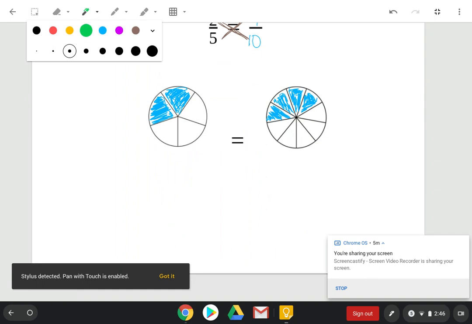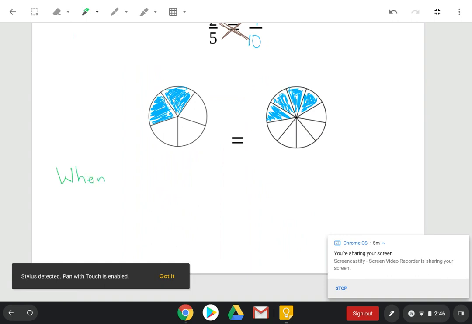So I need you to know that when ratios are equal, I think a better word to use is equivalent. So when ratios are equivalent, we're going to learn that when we have equivalent ratios, instead of calling them equivalent ratios, we're going to end up calling them proportional.